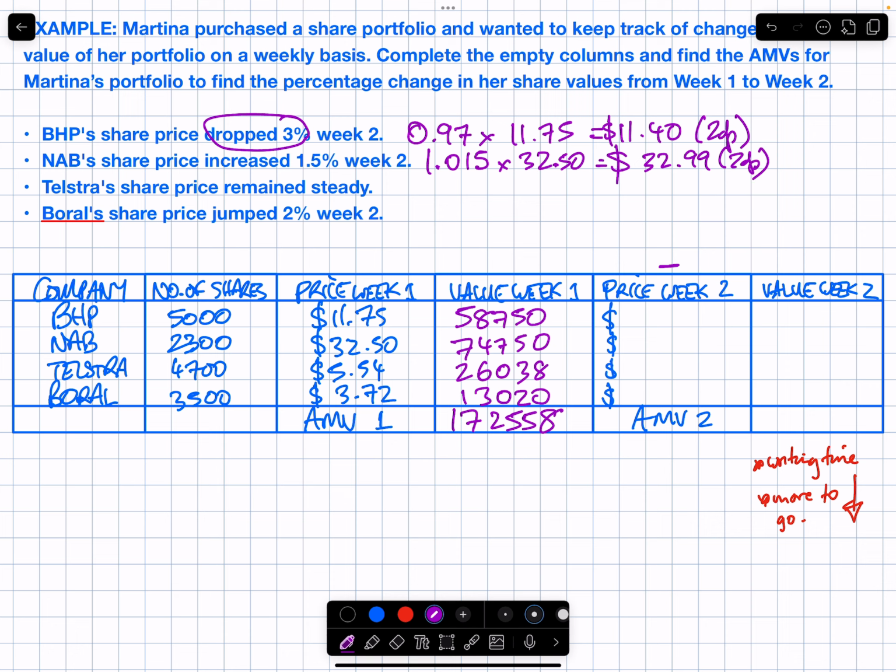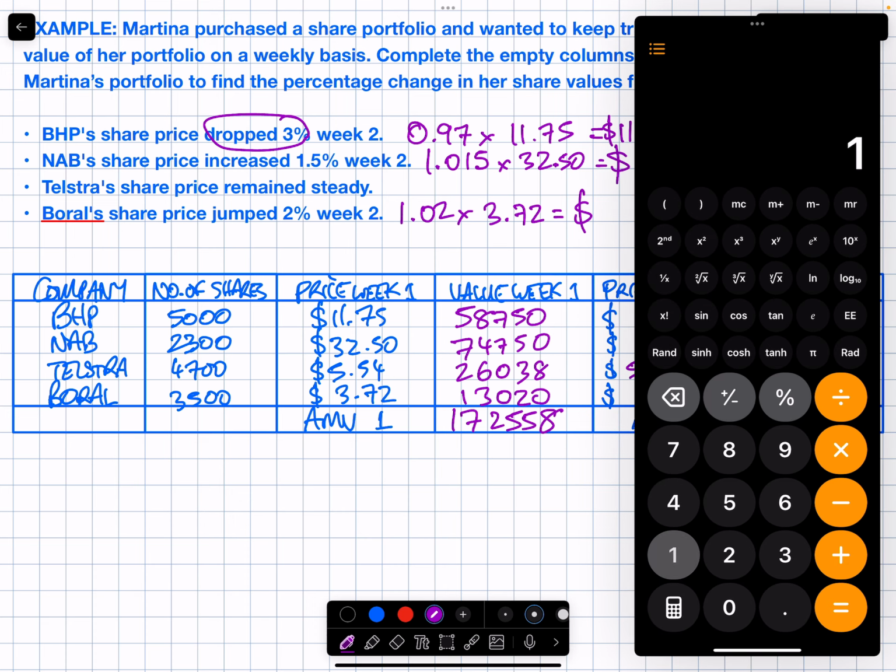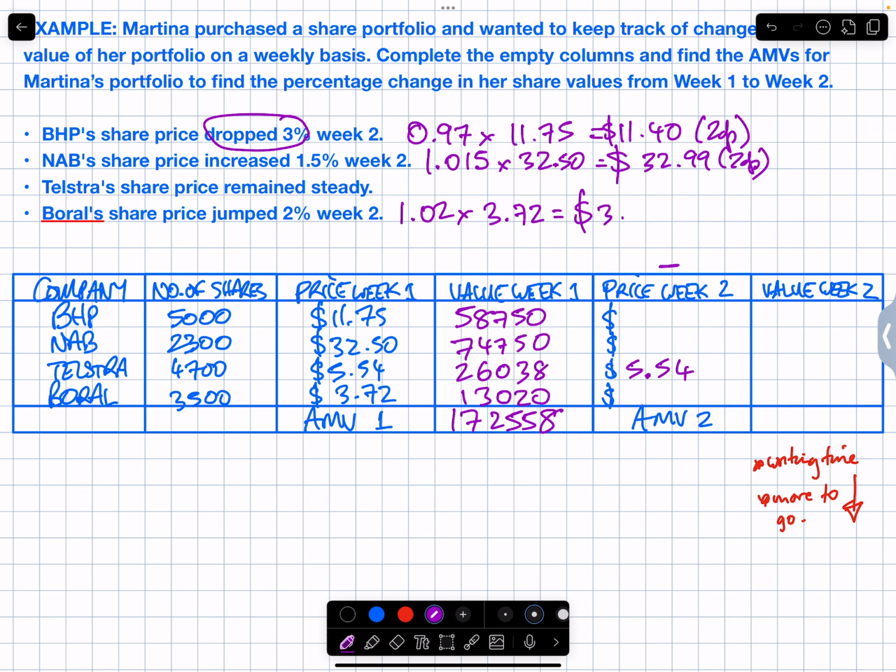Telstra's share price remains steady, so we don't need to do any maths for that, $5.54. Boral's share price jumped 2%, so it's 102%, 1.02 times 3.72 equals 1.02 times 3.72, $3.79, 2 decimal points.